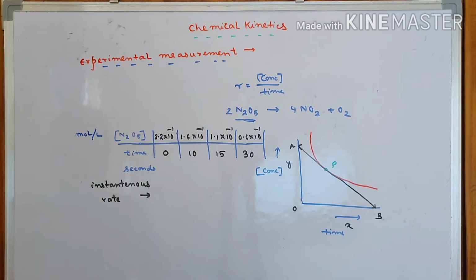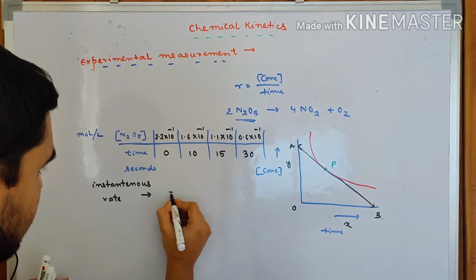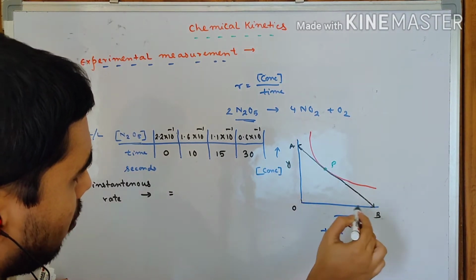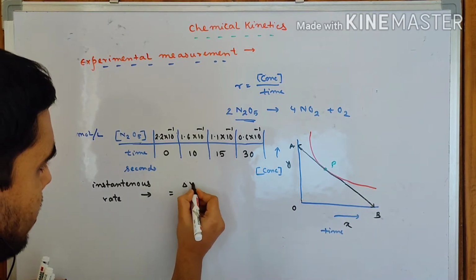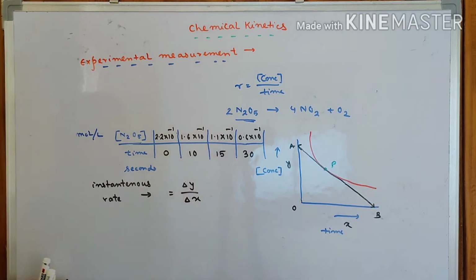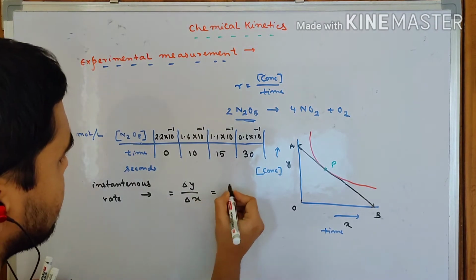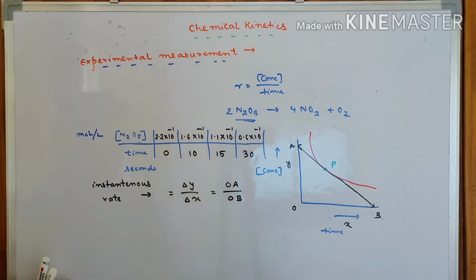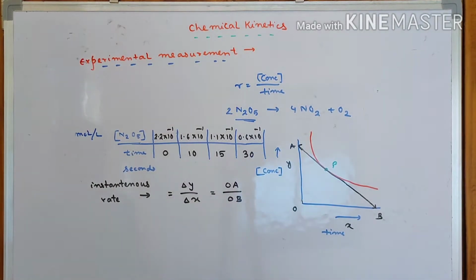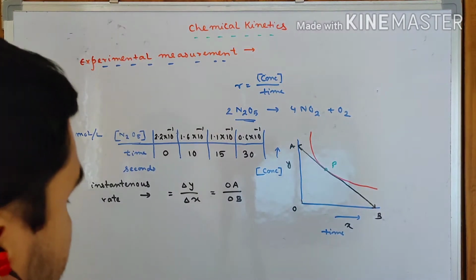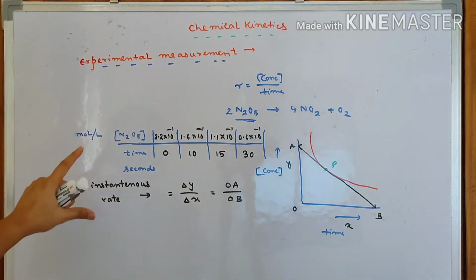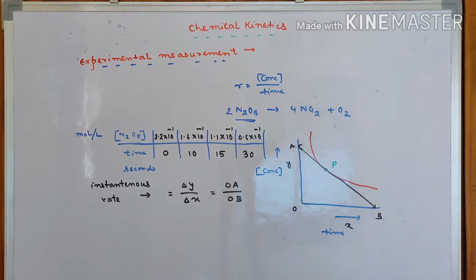Instantaneous rate is measured as OA by OB. It's y by x actually. It is delta y by delta x. The slope we are going to measure. That means we are basically checking OA by OB. So this is how instantaneous rate is experimentally measured. But this type of problem we will face less. Obviously it is there, but it has lesser weightage as per our syllabus.